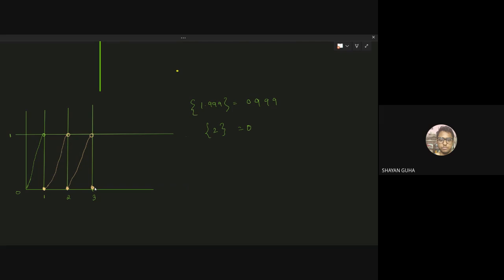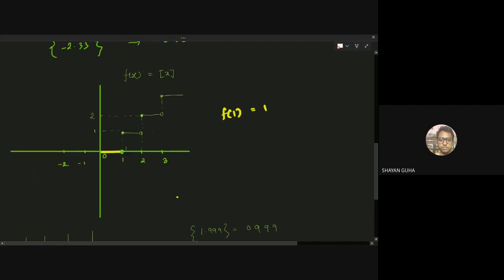Now why did I bother drawing this kind of curve? Because there is something important happening here. If I had to calculate the continuity of this function at the point 1, let's say the limit as x tends to 1 minus of f(x), what will be the value here? Its value will be 0, because x is approaching 1, meaning x is less than 1, and for less than 1 the box function gives me 0.